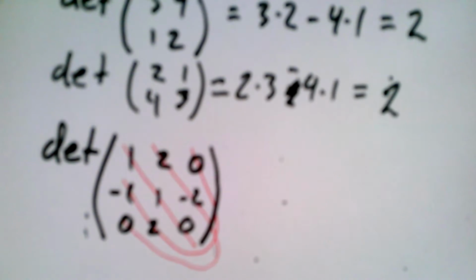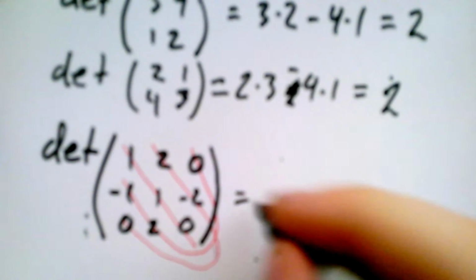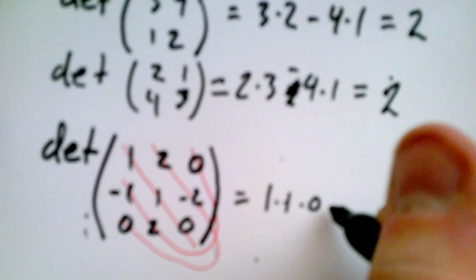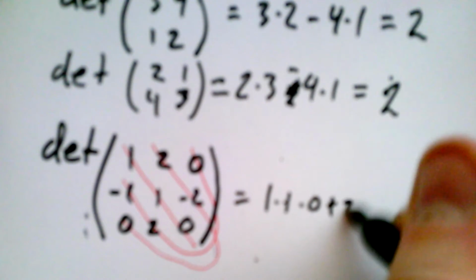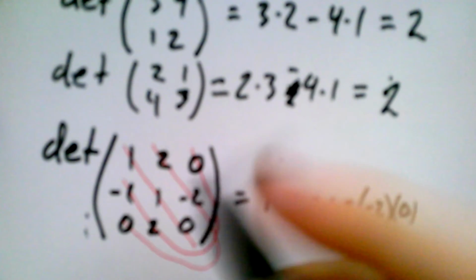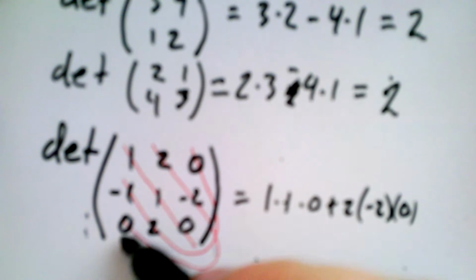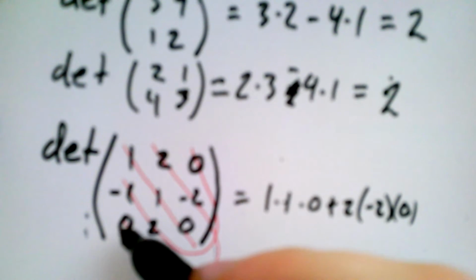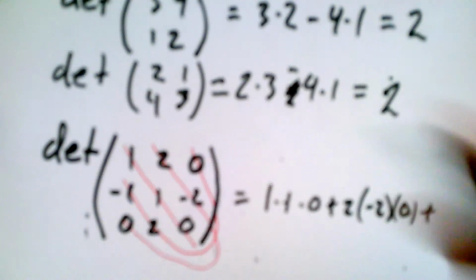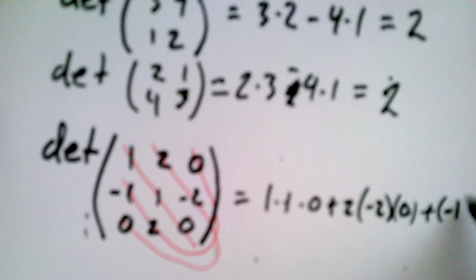We're going to take those products together. So this will be 1 times 1 times 0. That's the main diagonal, plus 2 times negative 2 times 0, which is this diagonal, and hook around to grab the 0, plus negative 1 times 2 and hook around to grab that 0. Okay, so those are our positive 3 products.